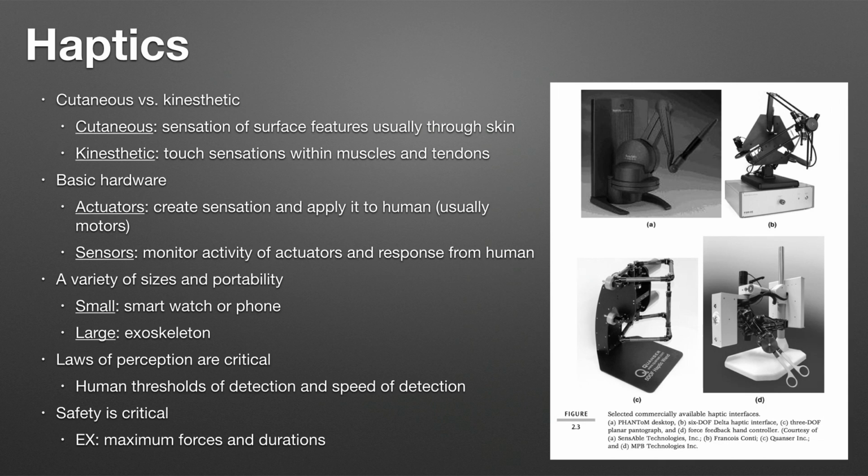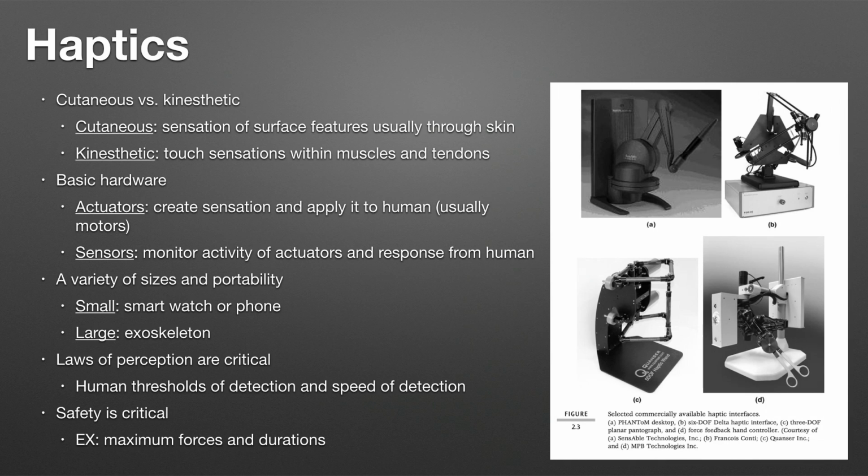In general, when we think about haptic interactions, we want to think a lot about human perception and the things that we know about it. So things like how humans perceive different thresholds of detecting a stimulus. Some of those things we talked about very early on with sensation and perception. And we need to think about how fast people detect a change.